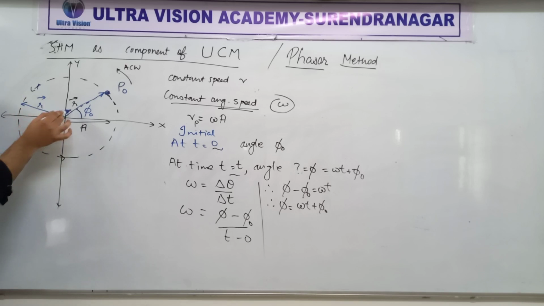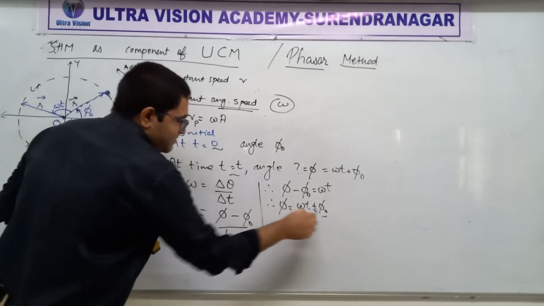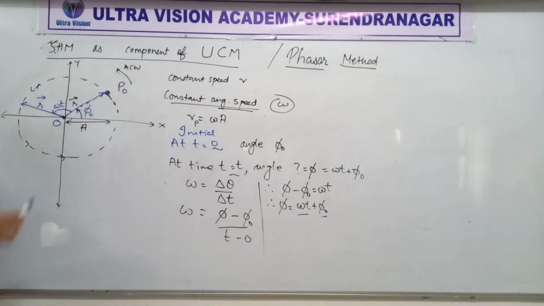So do you realize that the angle was already phi 0 measured anti-clockwise from here, and now this has moved a more angle omega t. So total angle is now omega t plus phi 0. Is that clear? I repeat. Initially it was here at phi 0. It moved omega t angle and came here. So now the angle is omega t plus phi 0.